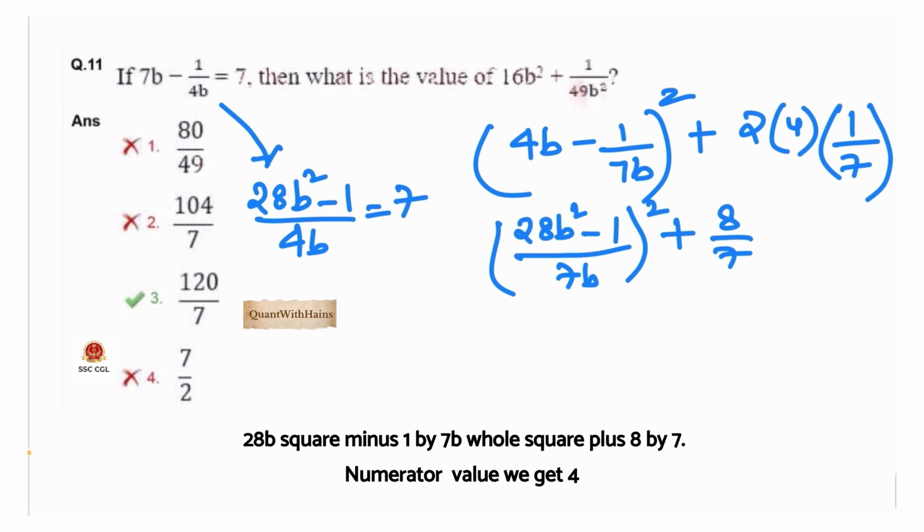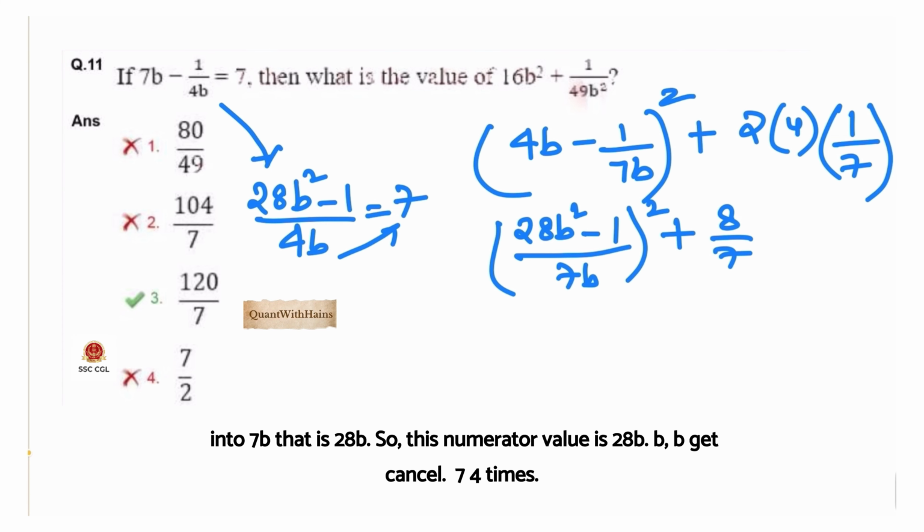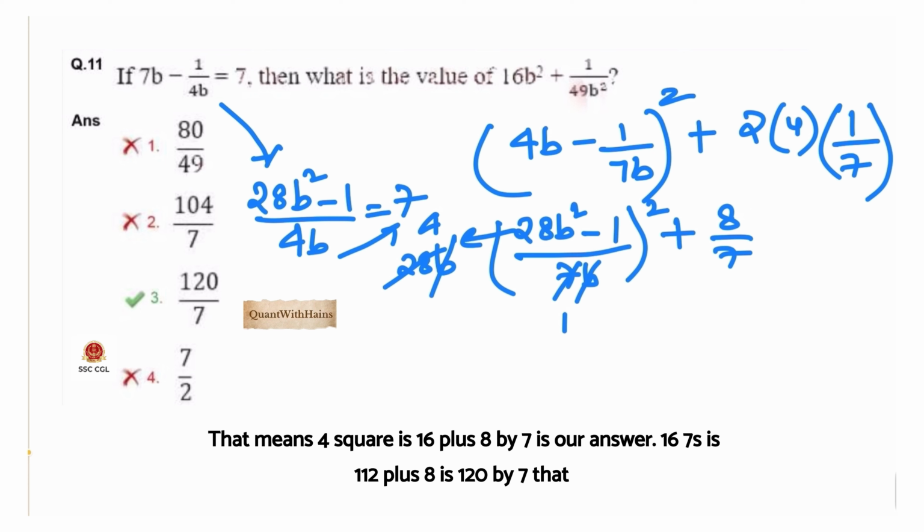Numerator value we get 4 into 7b, that is 28b. So this numerator value is 28b. b gets cancelled, 7 ones are 4 times. That means 4 square is 16 plus 8 by 7 is our answer. 16 sevens are 112 plus 8, 120 by 7.